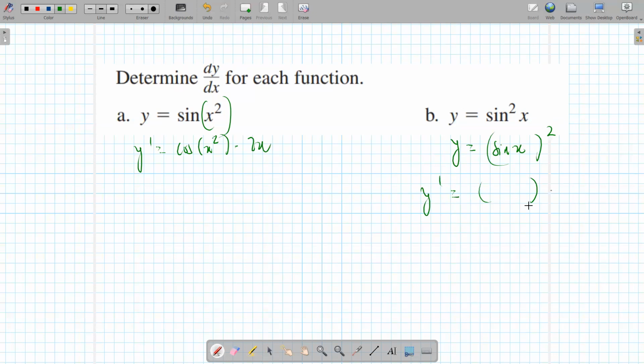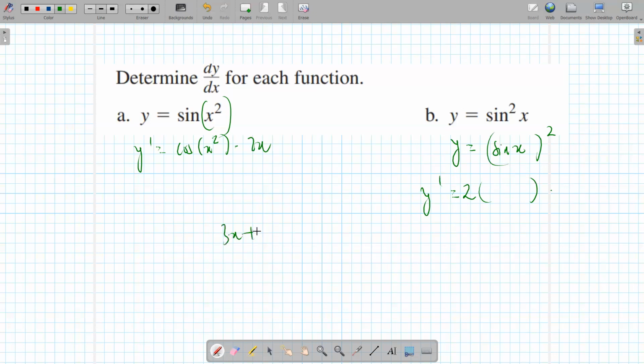Does the inside change? Does it turn into cosine? No, that'll be later. So the power rule, nothing changes on the inside.